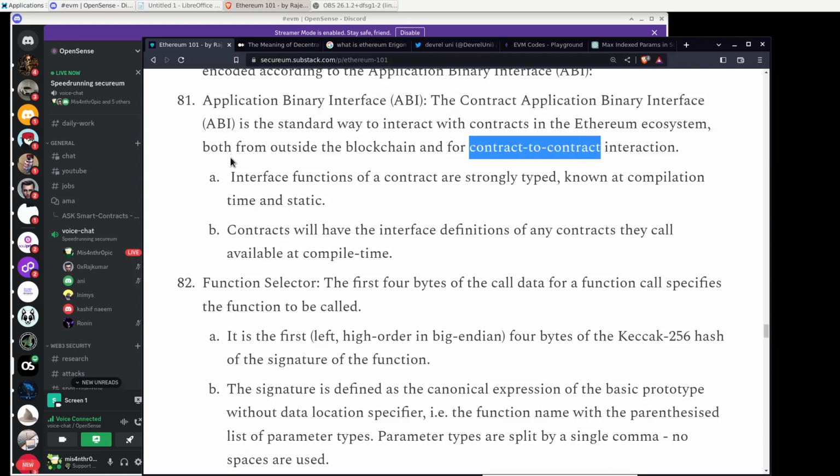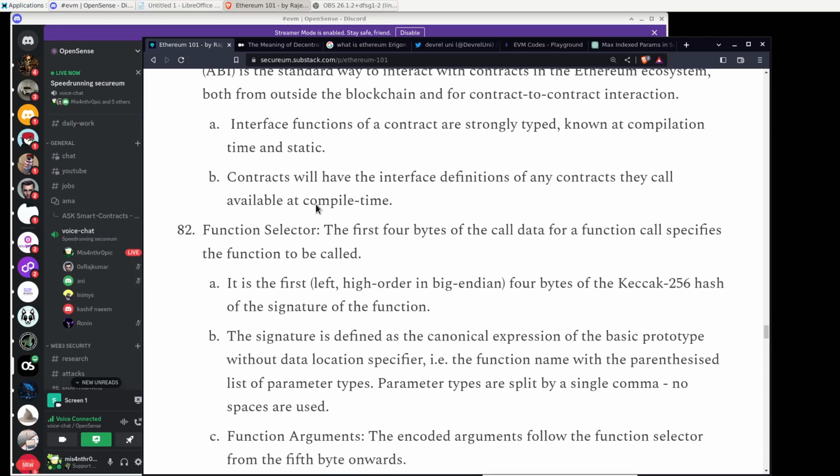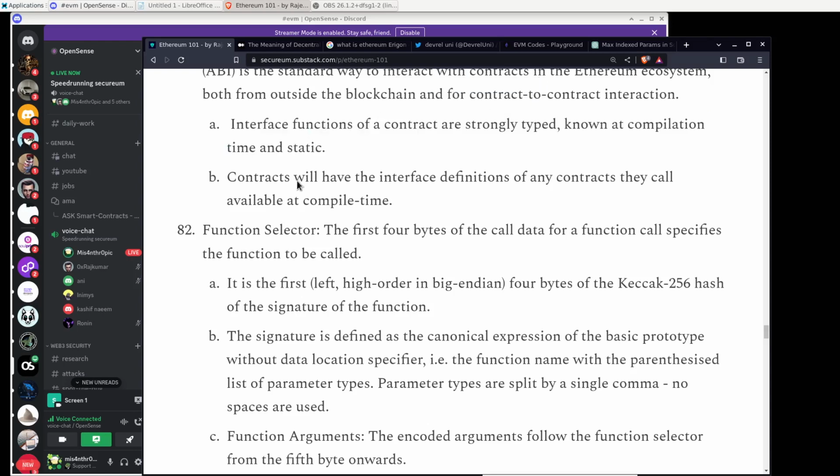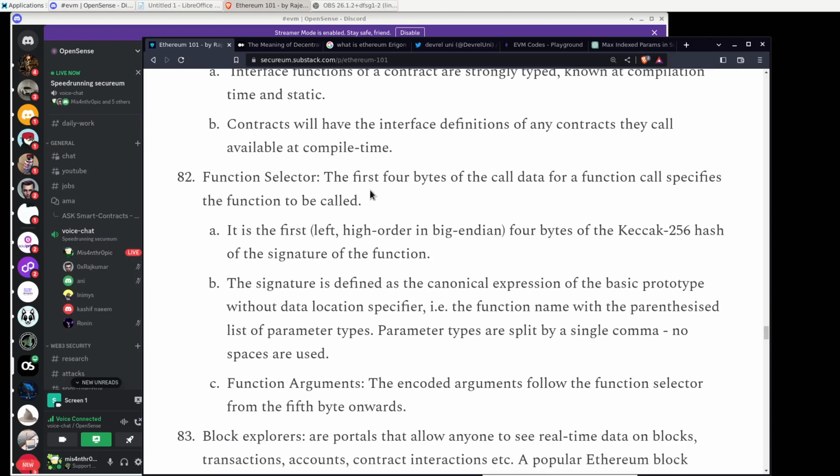Okay, interface functions of a contract are strongly typed, known at compilation time and static. So what this means is that it's going to be copying that code during the compilation, I guess. Contracts will have the interface definitions of any contracts they call available at compile time.